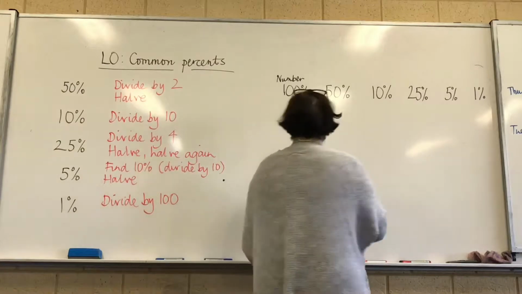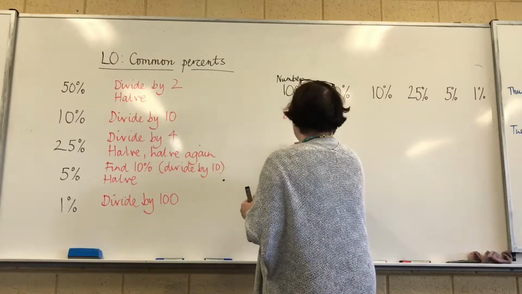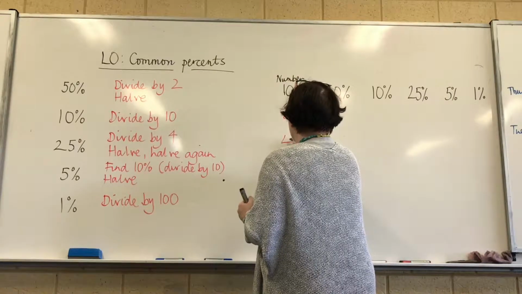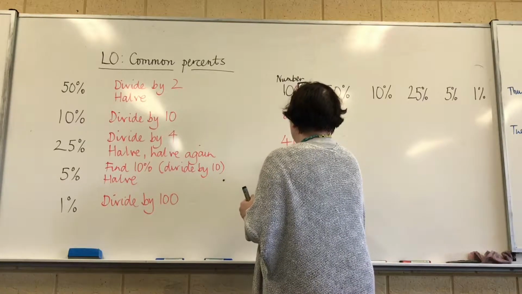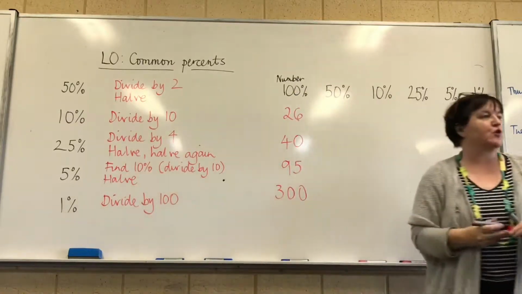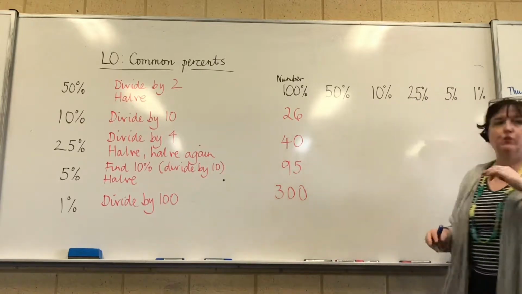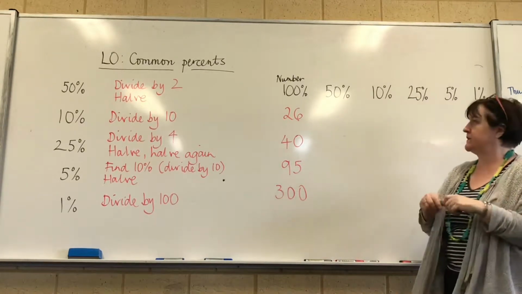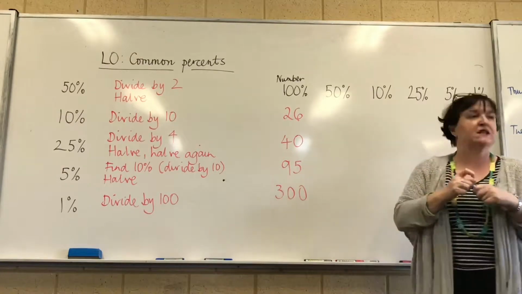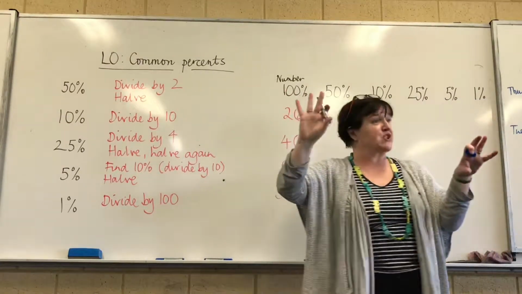Okay, so let's look at some numbers. We'll just do these 4 at the moment. Let's have a look. We'll do 26. So we've got to find 50% of 26. To find 50%, we divide it by 2 or halve it.